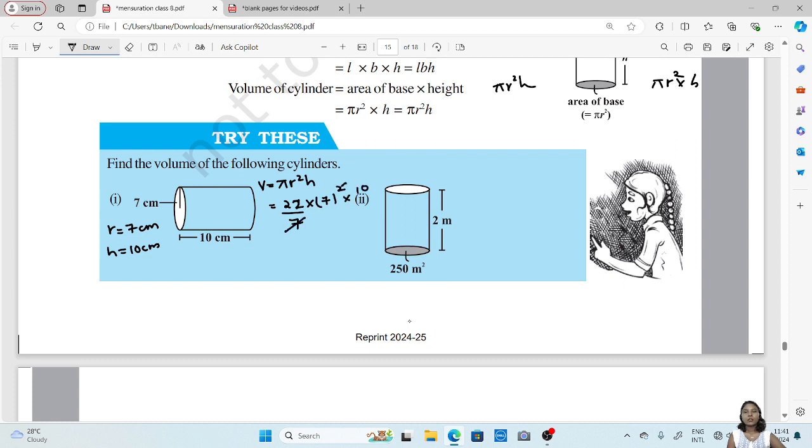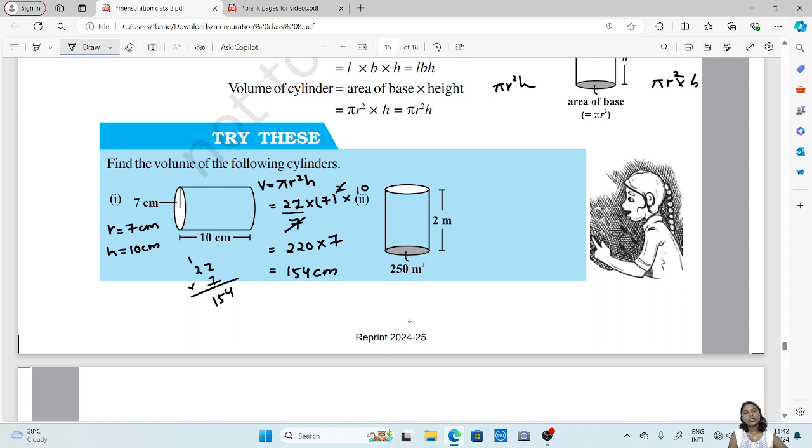This we can cancel out, the square will go off. So it will be 220 into 7. So 22 into 7 gives us 154. So 154 centimeter cube. That gives us the volume of this cylinder.